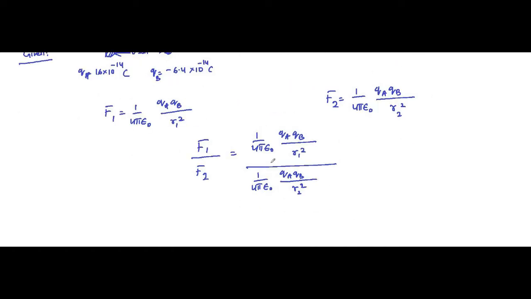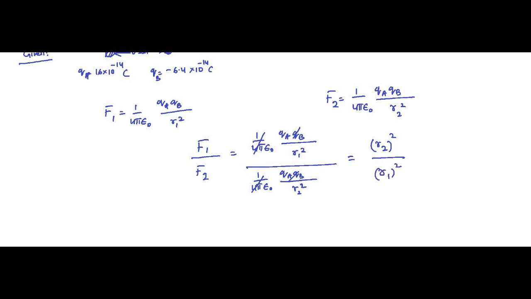Everything else will get cancelled out from both the numerator and denominator, and this will become R2 square by R1 square.